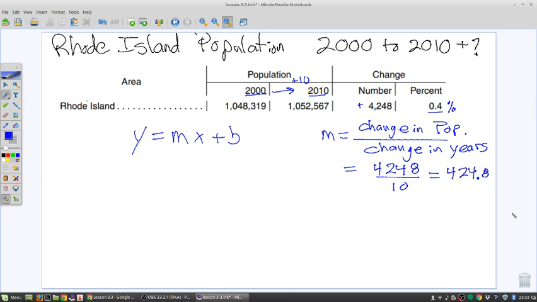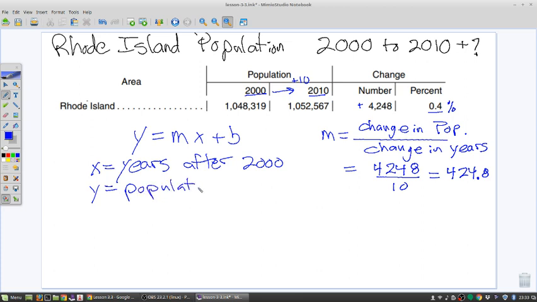424.8 people per year. I'm choosing my x to be not the year, because then x equals 0 would be that line between AD and BC, which is a little weird because Rhode Island didn't exist then. So I'm going to simplify that to be years after 2000. y is just going to be the population in that year.